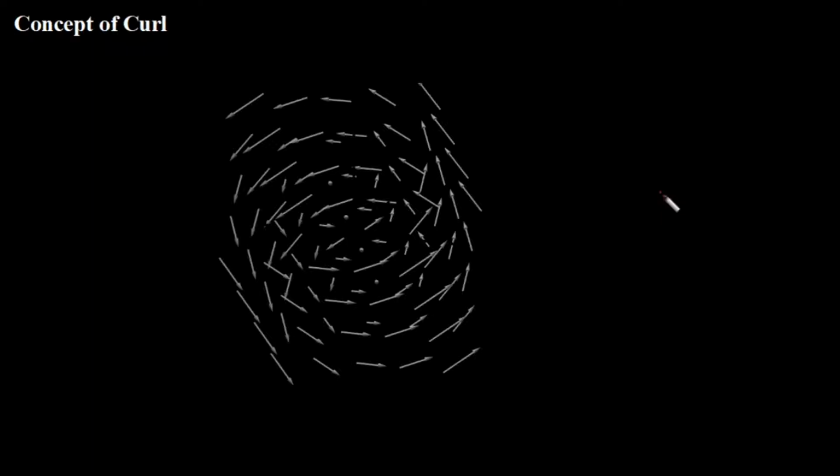At any point on a field line, you can represent a small vector whose length will give you the magnitude of that particular curl, and it will also give you the axis of maximum rotation, or direction of rotation. Is it not? It will give you the direction of rotation.